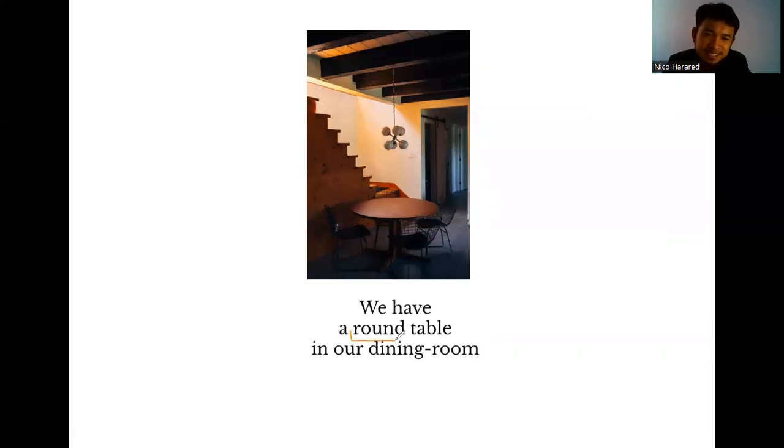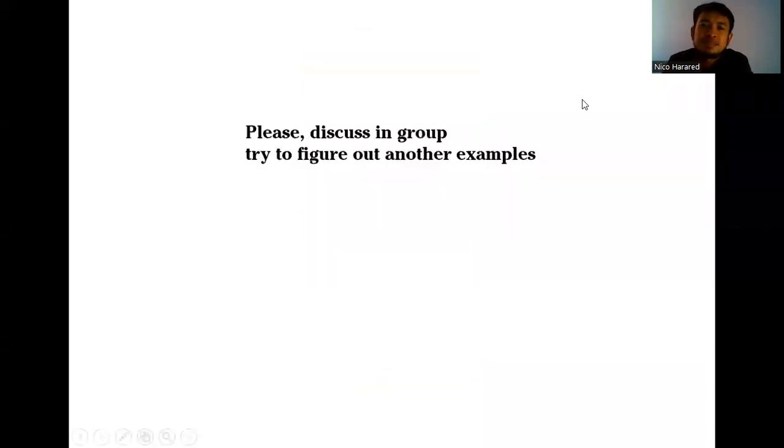Round again. What part of speech is it? Adjective, adverb, noun, or what? Please discuss in a group and try to figure out another example. You could give some feedback or response in the comments below about another example, for instance.